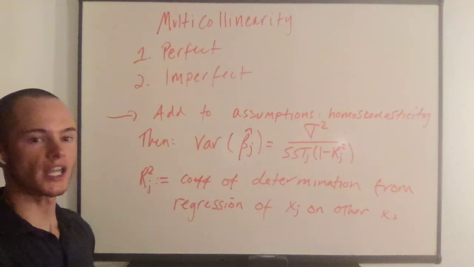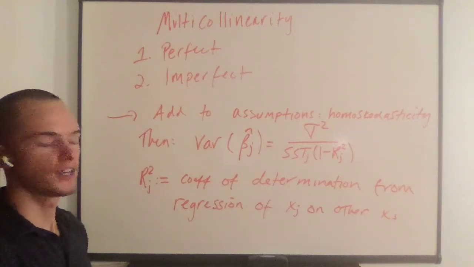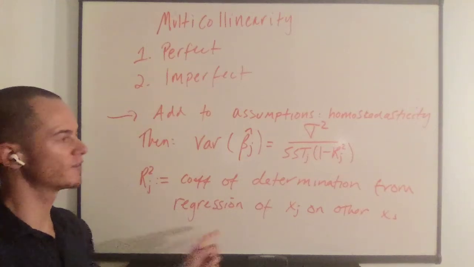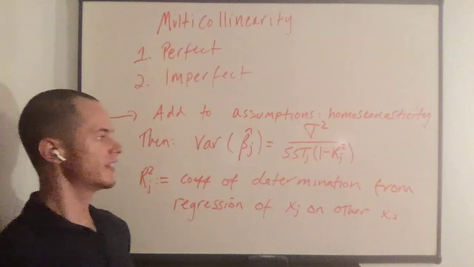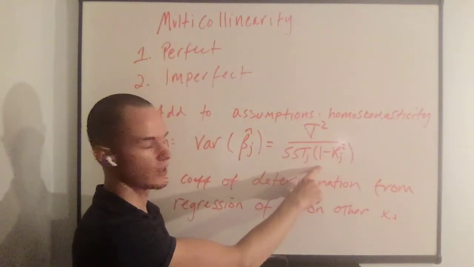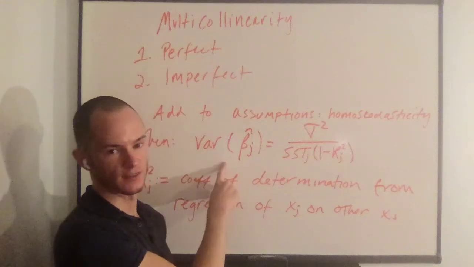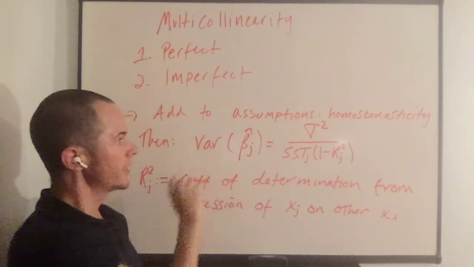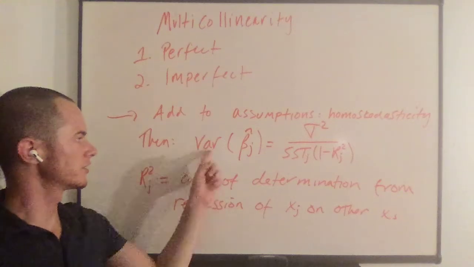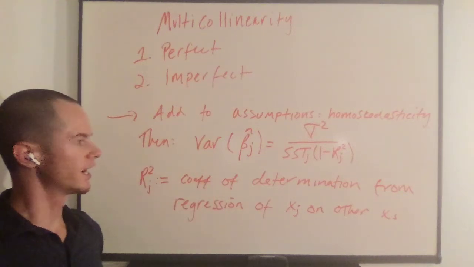If your r squared j is 1, in other words, if your xj is a perfect linear relationship of your other variables, then observe that this term goes to 0, your denominator is 0, and your variance is infinite. So that is when you have perfect multicollinearity, your variance is infinite.